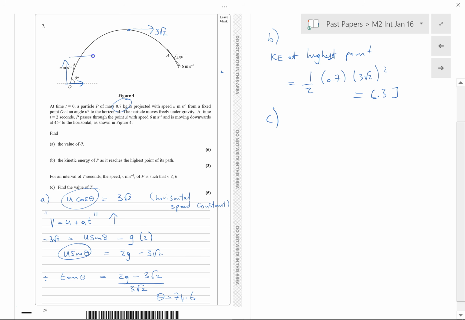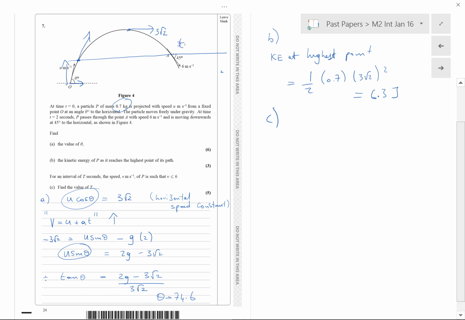Now anywhere above that, the speed would obviously be less, because it's gaining gravitational potential energy, so it must be losing kinetic energy. The speed is getting less as we go upwards. So we know it's got to be between those two times.